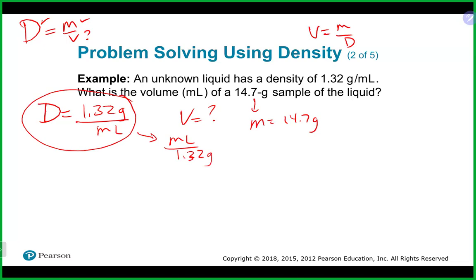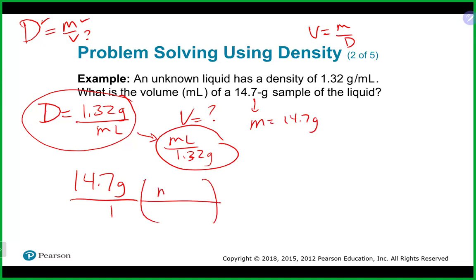So if I take my mass, which was again 14.7 grams, taking the dimensional analysis approach, grams are on top, so I'm going to need to use it in the opposite location. And now I pretty much have just rearranged the density equation without even really thinking about the density equation. I basically just did that over here by just taking the dimensional analysis approach to it.